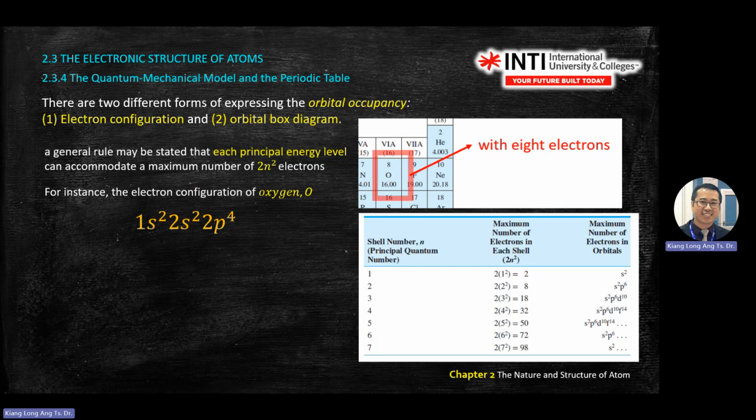Then subshells. How do you know how many subshells you have?